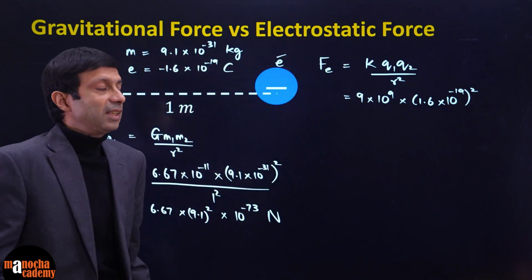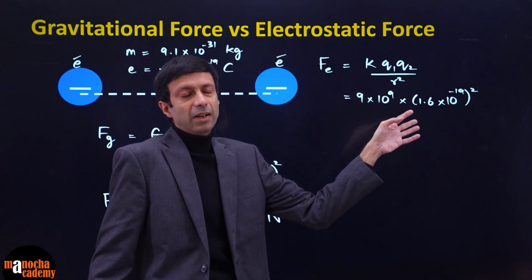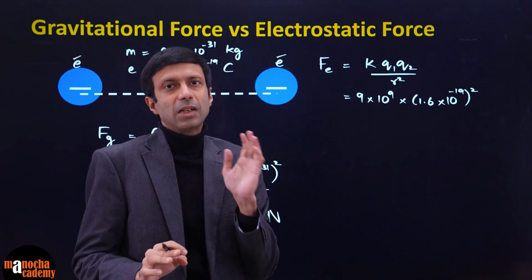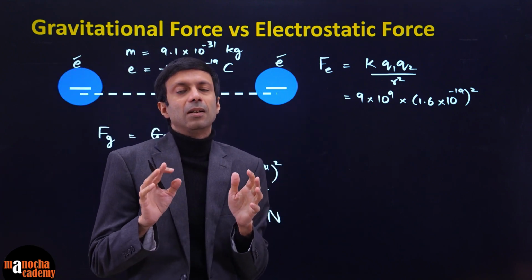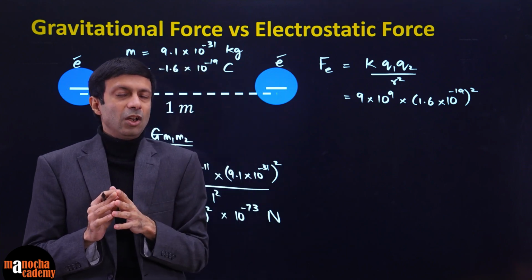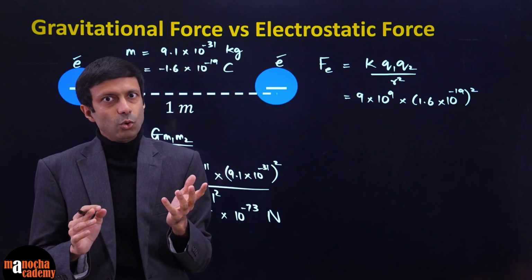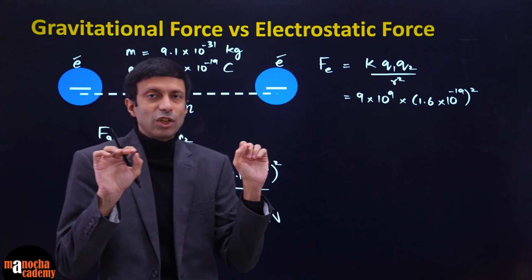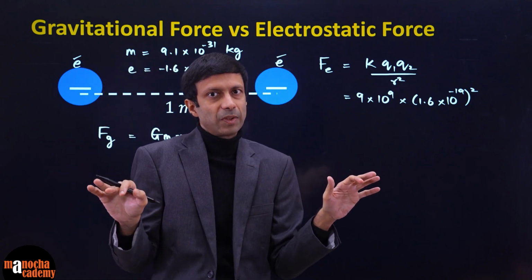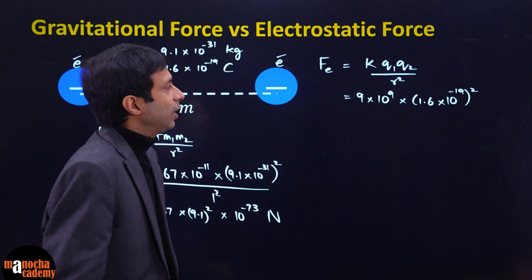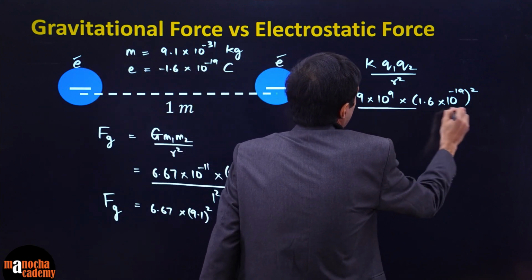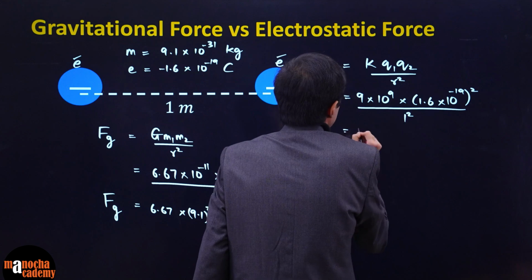And one important thing, I did not substitute the negative here, because in Coulomb's law formula, we do not bother whether it is positive or negative, only the magnitude matters. The sign of the charges determines the direction of force. That's an important point. No need to put in the sign over there, and divided by, once again, 1 square. So here what do we get?